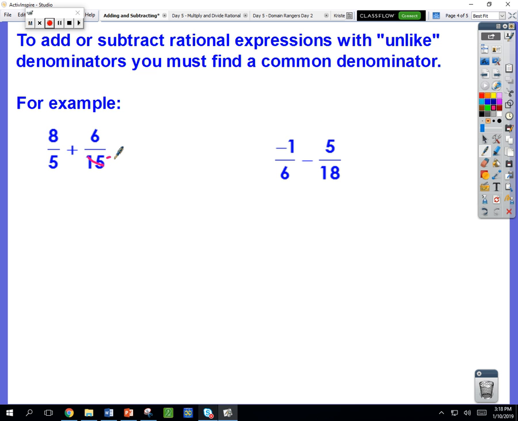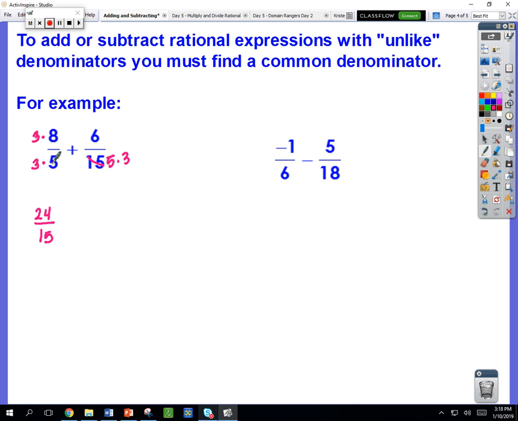See, technically 15 is 5 times 3. So this term is actually just missing a 3. So in order to do a common denominator, if I multiply this side by 3, I have to also multiply the top by 3. So now when I do that, this has become a 15, which is exactly what I wanted. And then 8 times 3 is now a 24.